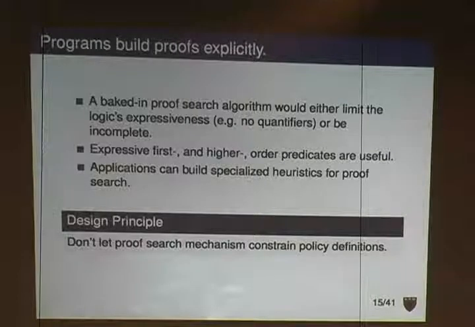And the examples on the previous slide actually aren't able to be encoded in a way that is really amenable for completely automated search. And so Aura programs use heuristics to do a good job of search in limited domains. And I think that's a very good trade-off. The underlying design principle is that we don't want to let the proof search mechanism constrain what you can actually write down.